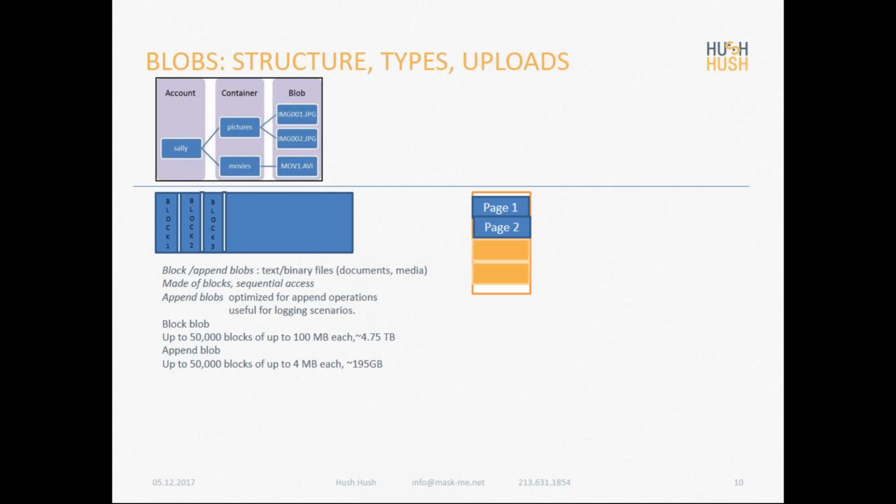Block blobs are optimized for writing, and append blobs are optimized for append operations. A block blob has up to 50,000 blocks, up to 100 megabytes each. Basically, it can keep up to 4.75 terabytes, and append blobs currently can keep up to 195 gigabytes.